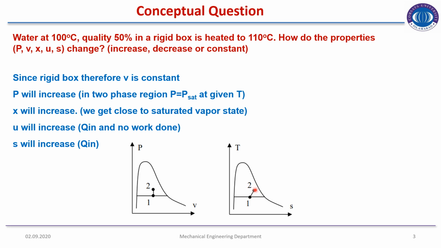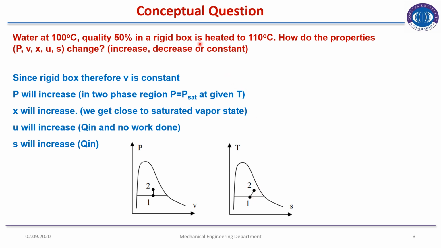So as the temperature increases, we will get closer to the saturated vapor line. In the PV diagram, it is a vertical line because here volume remains constant.